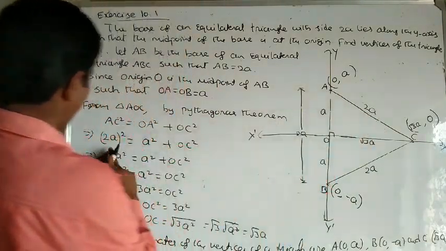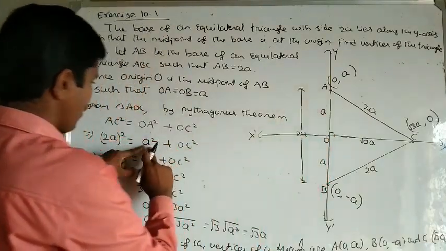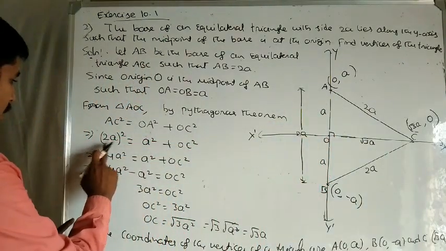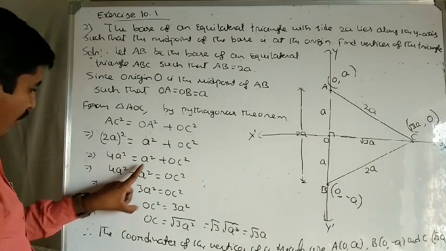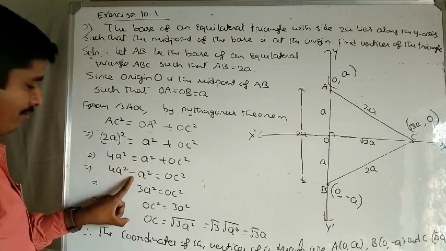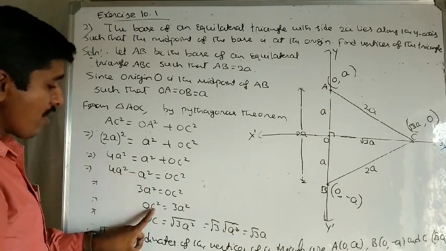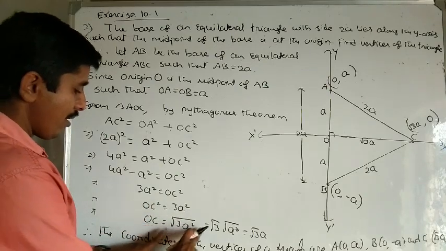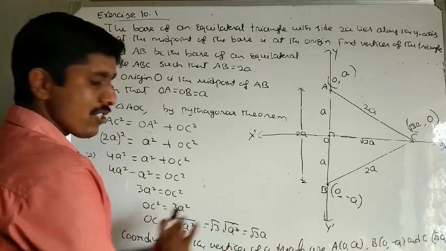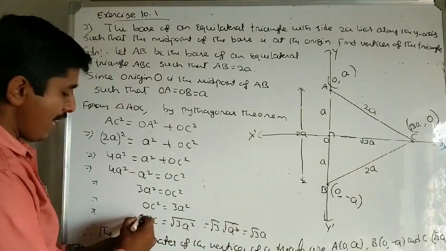AC value 2A whole square, OA value A square plus OC square. 2A whole square, 4A square, is equal to A square plus OC square. 4A square, take the left side, plus becomes minus, 4A square minus A square, 3A square equal to OC square. Here OC square equal to 3A square, then OC equal to square root of 3A square. Square root of 3 into square root of A square. Square gets cancelled, root 3 into A. This is the OC length here.